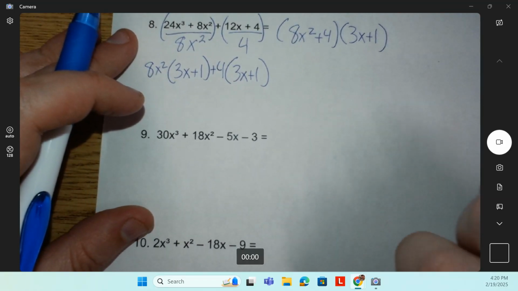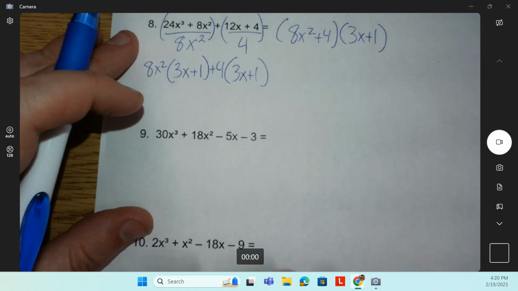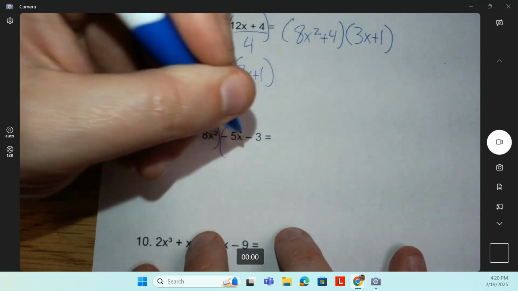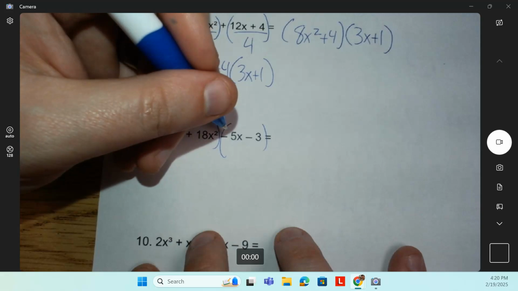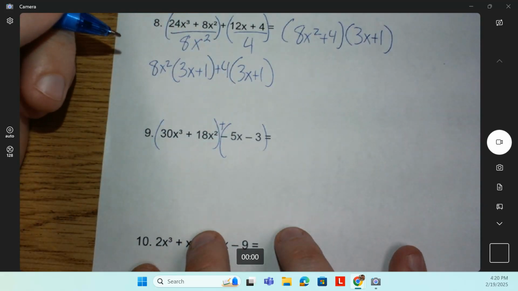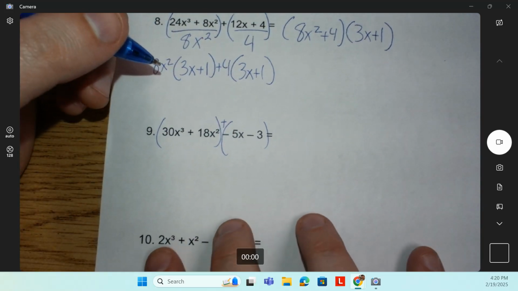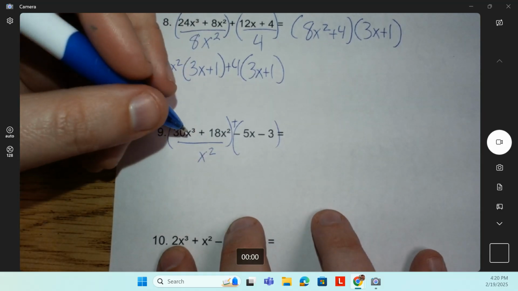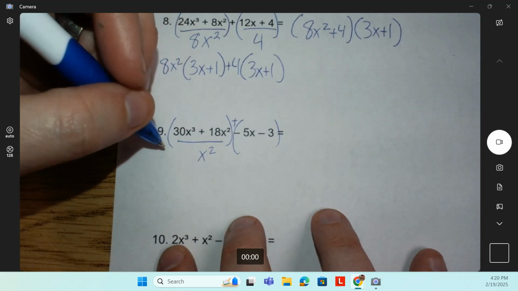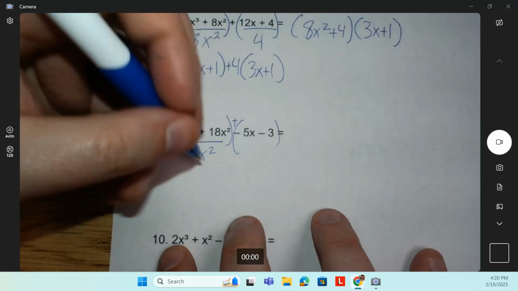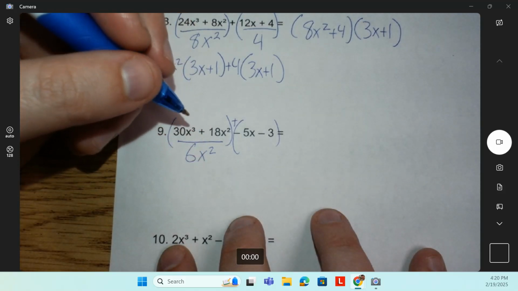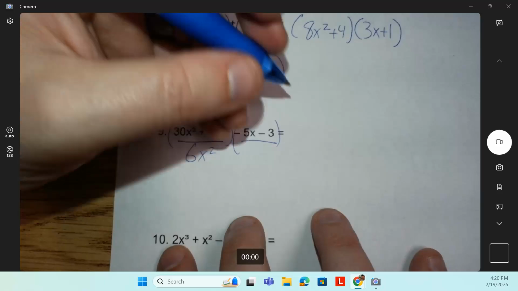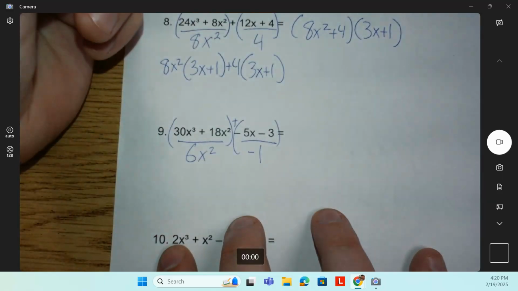A similar thing for number 9. I'll split them up. I'm going to keep that negative sign with the 5x. And so still keep them as added together, but I'm going to keep that negative there. So I've got an x squared that I can take from both of those. And it looks like 6 will divide by both of them over here. And both of these, I'm just going to pull out the negative, so negative 1.